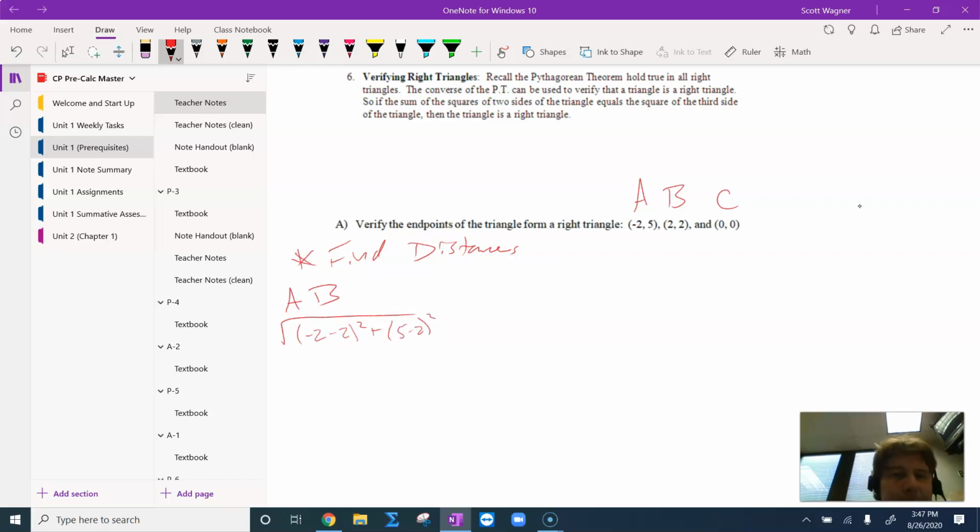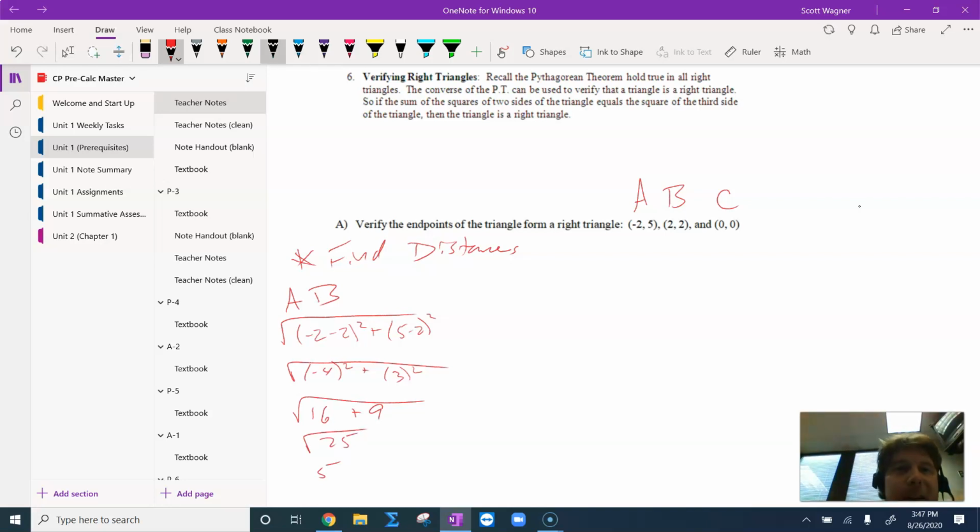If I clean that up a little bit, that's going to be the square root of -4 squared plus, let's see here, 5 minus 2, that's 3 squared. So that's going to be the square root of 16 plus 9. Square root of 25 is just 5. So one of the distances is 5.